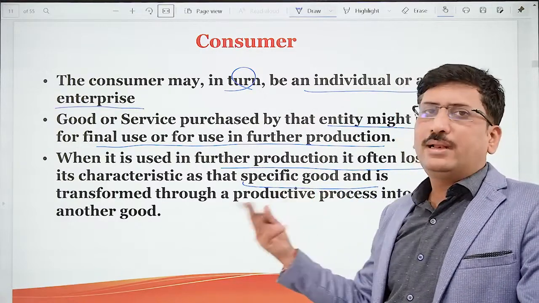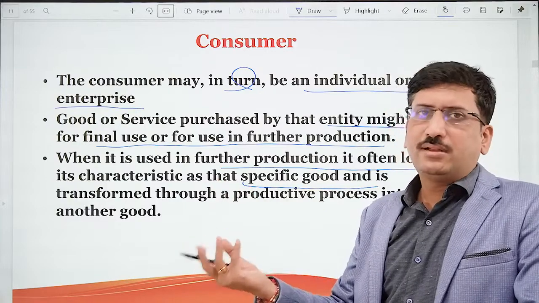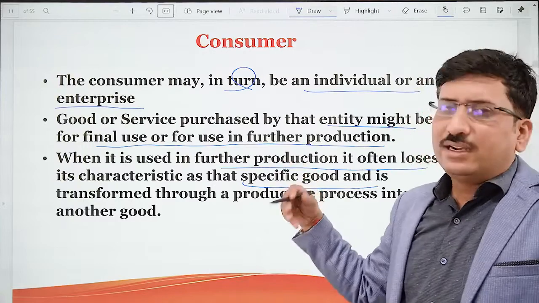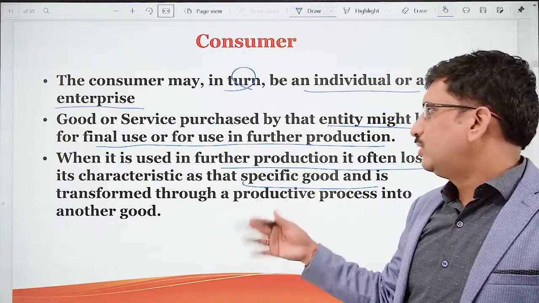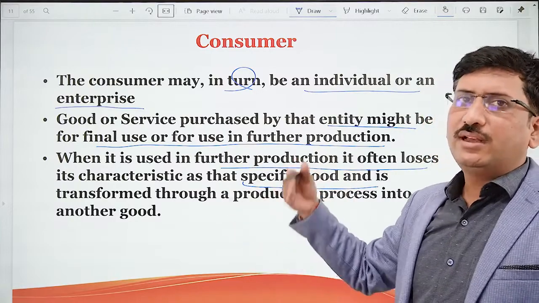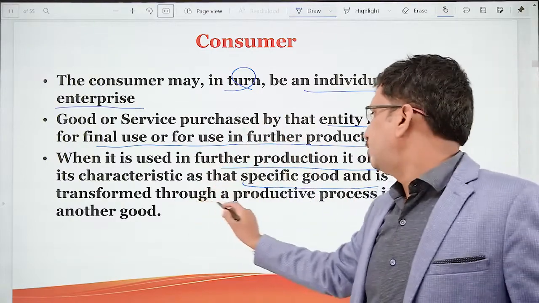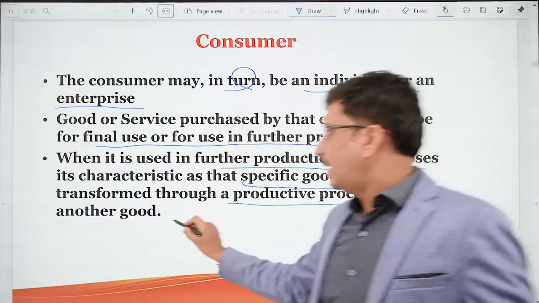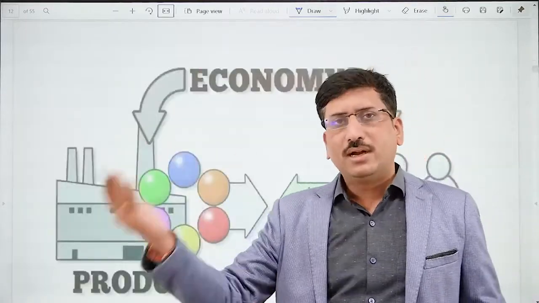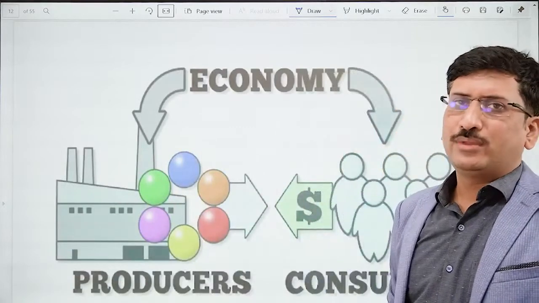It is available as tea, for drinking purposes, correct? So that original product loses its characteristic, but it is used in the production of something, transformed through a productive process into another good. That is, tea powder is now converted into tea, right?